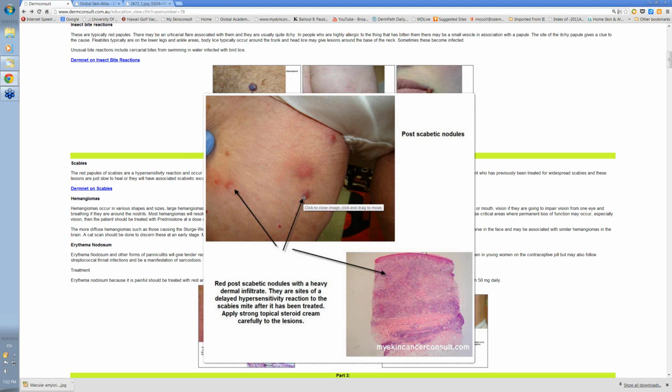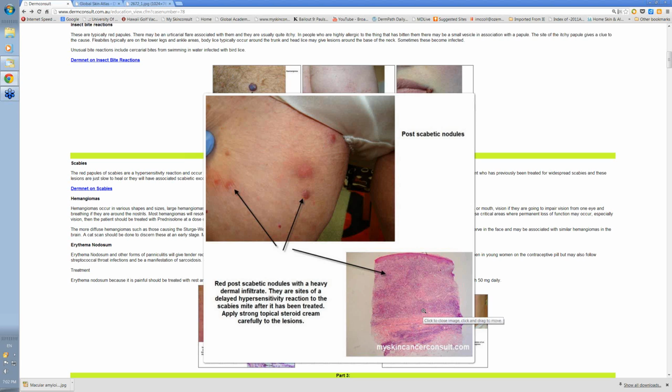And it's not the first time that someone's done a biopsy of a rather large scabetic nodule and had a report come back as a potential lymphoma, because of the very heavy infiltrate of lymphocytes you'll get there. Now usually there's going to be some eosinophils in there as well, and that would make the diagnosis of lymphoma less likely.